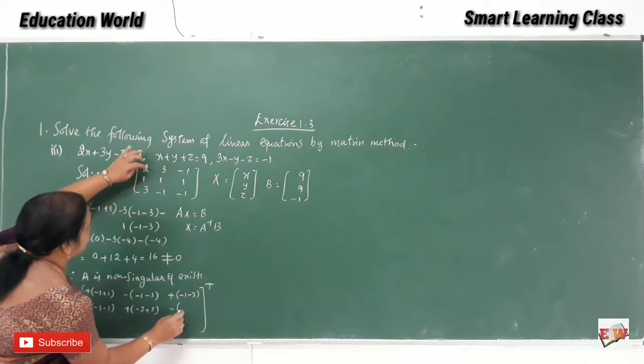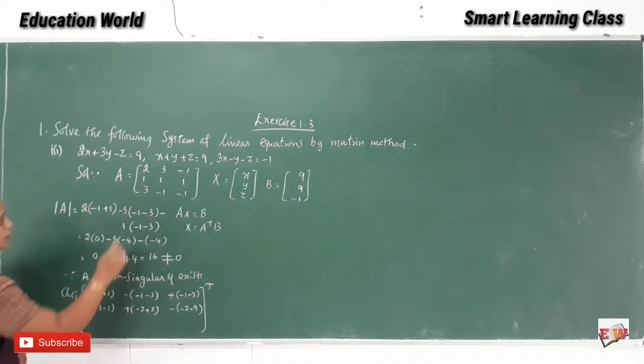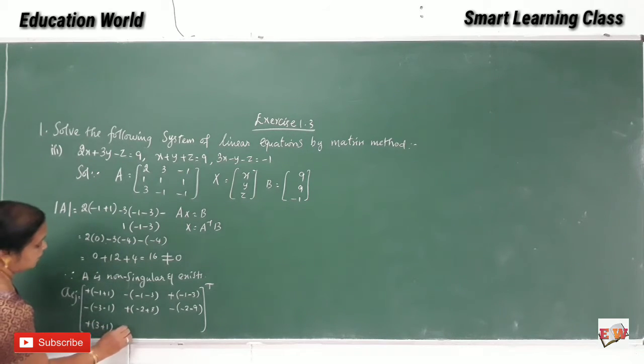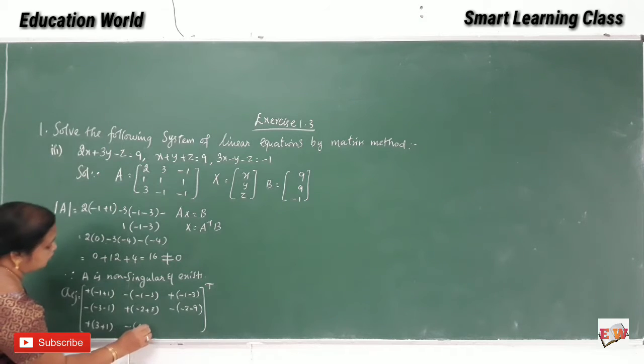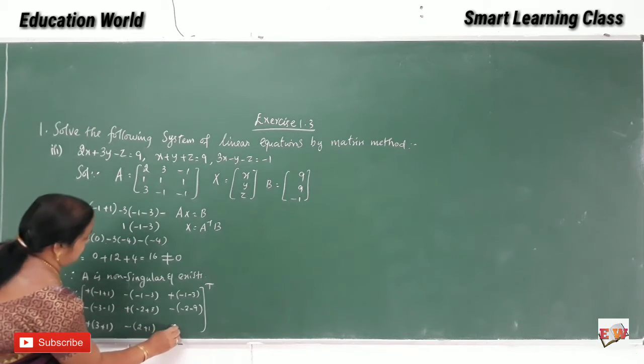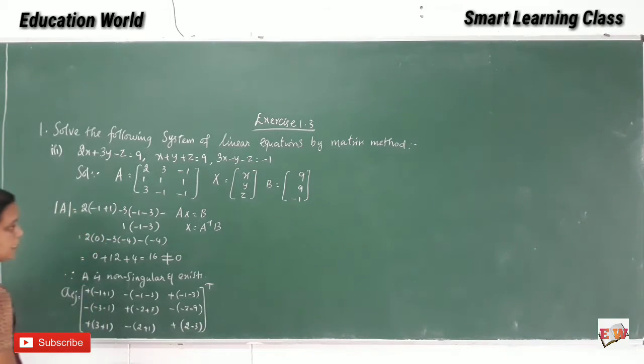Here minus 2 minus 9. For this third row, first element, 3 plus 1, minus 2 plus 1, 2 minus 3.